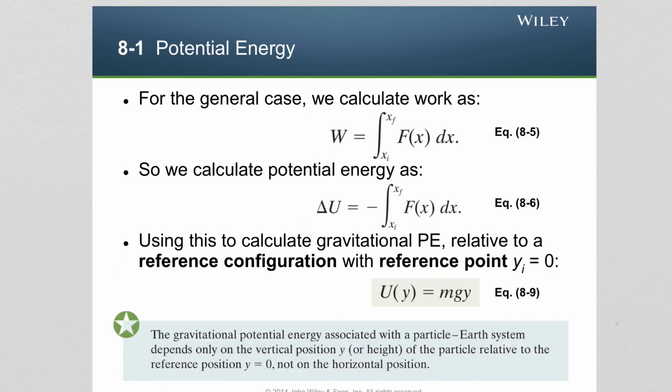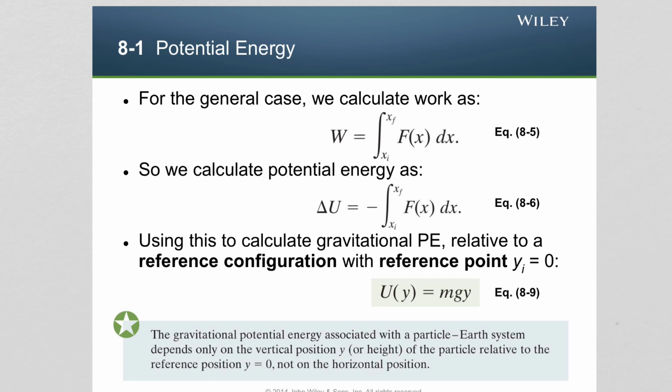For the general case of calculating the work done by a force as a function of position, the work done by the force is calculated by this integral. The work is equal to the integral from some initial position to some final position of the force as a function of position, dx.